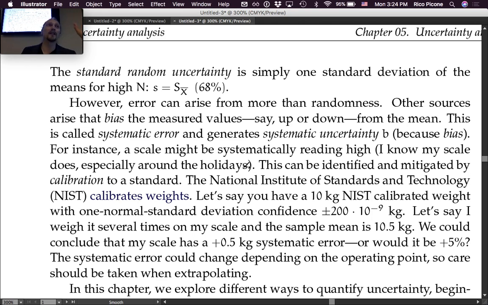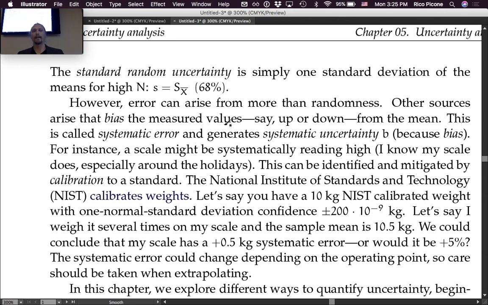One standard deviation in a normal distribution is 68% probability for your confidence interval, and we have that the z-score essentially is 1. The t-score for high n, or the z-score, their equivalent, is just 1, and we get what's called the standard random uncertainty, S.